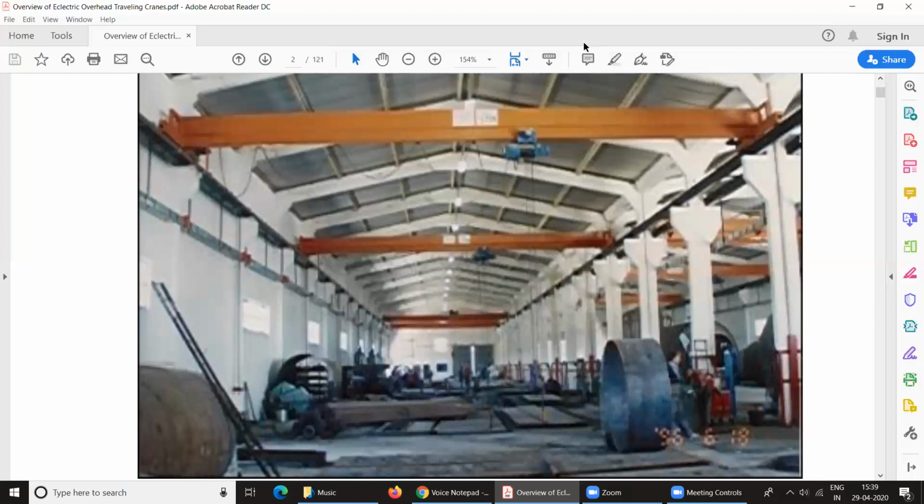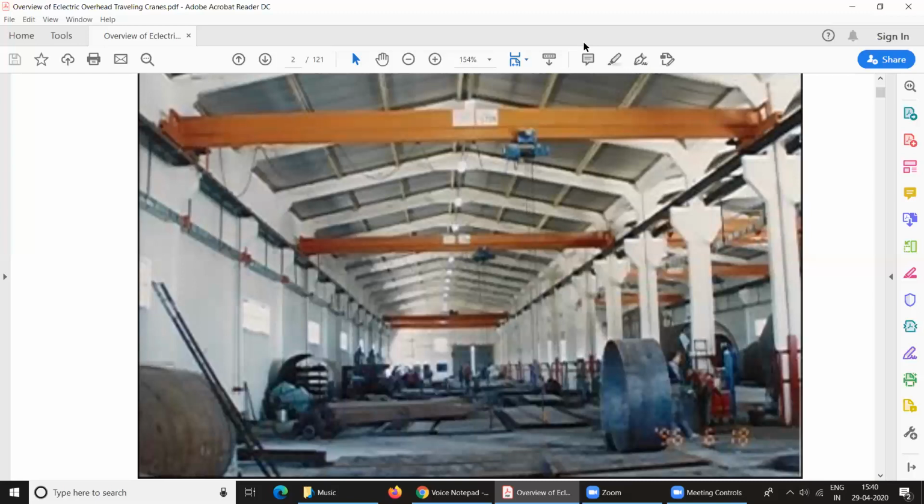Now, luffing is another important motion of the boom of a crane. It is the up and down motion of the boom about a pivoted joint at the inner base or inner end of the boom.